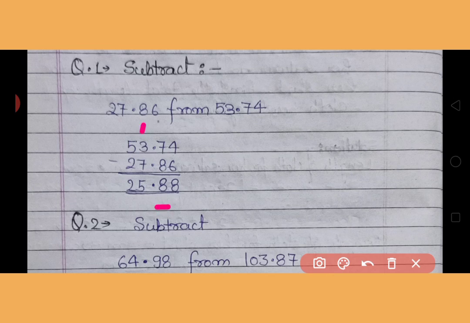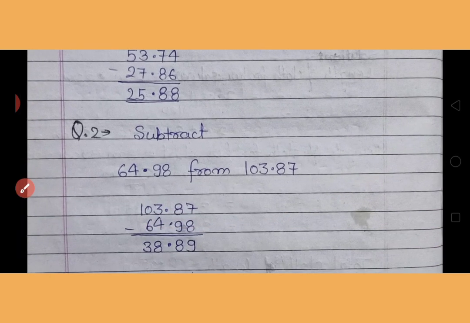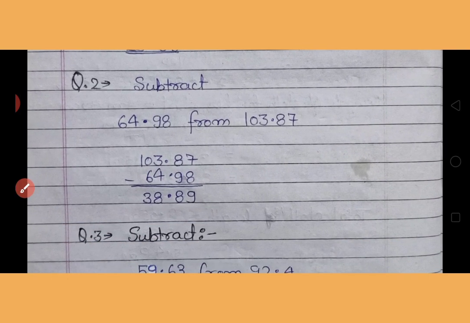Now here remains only 2, and 2 can't subtract 7, so it will take 1 carry from 5, so it became 12 minus 7 is equal to 5, and here remains 4. 4 minus 2 is equal to 2. Its answer will be 25.88.